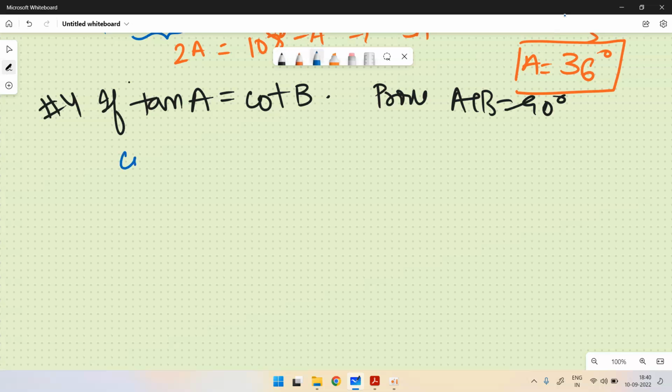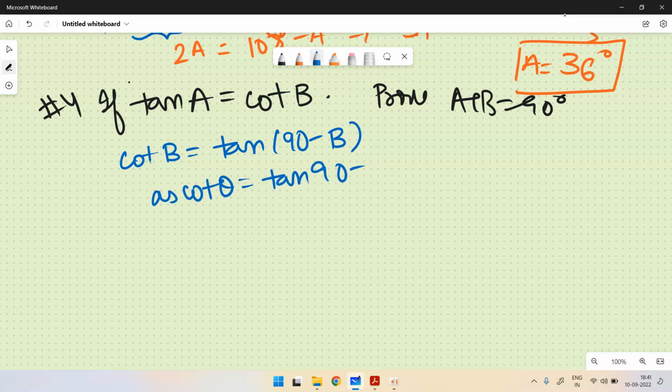From this expression you know that cot of B is nothing but tan of 90 minus B, as cot theta equals tan 90 minus theta.